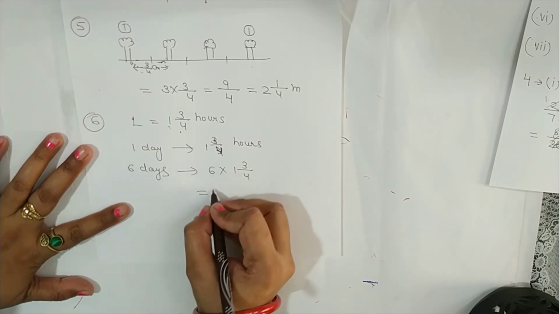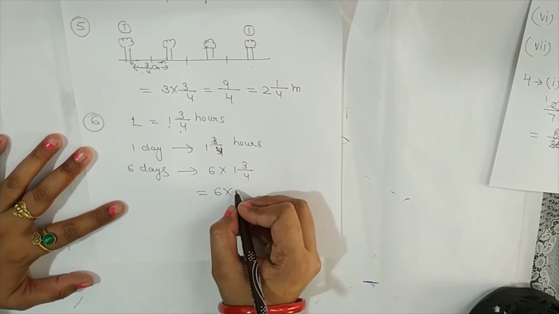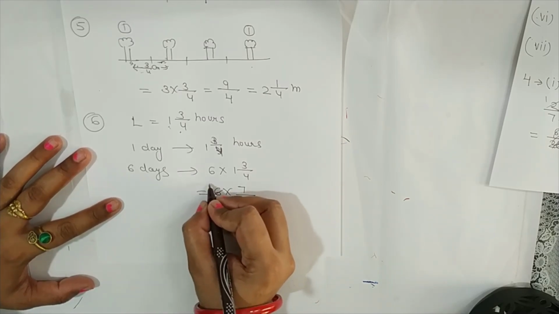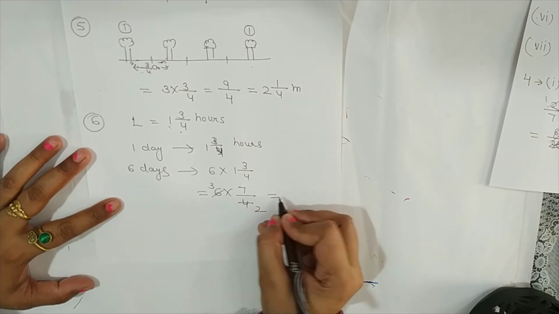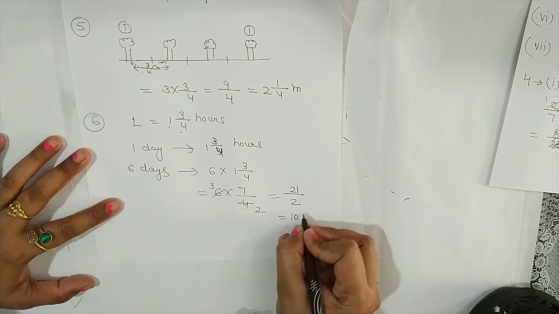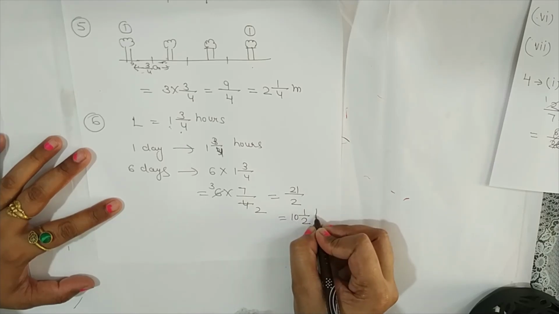Now it will be converted into an improper fraction, 7/4. So 2 3s are 6, 2 2s are 4. Then 7 3s are 21/2. So it will be 10 1/2 hours.